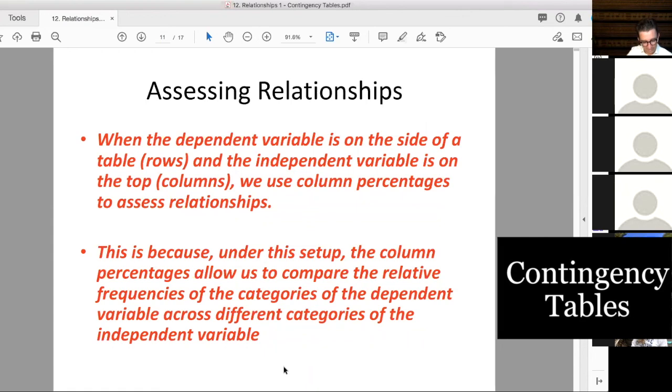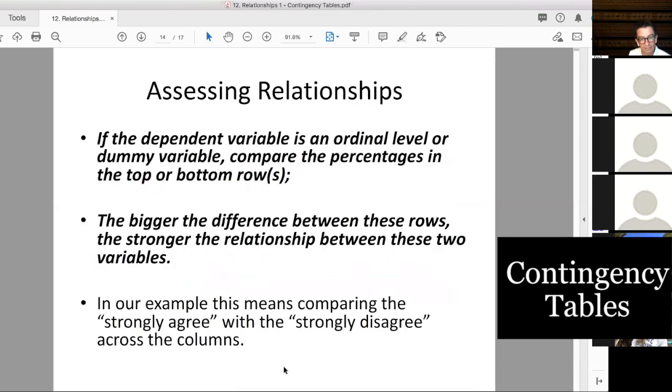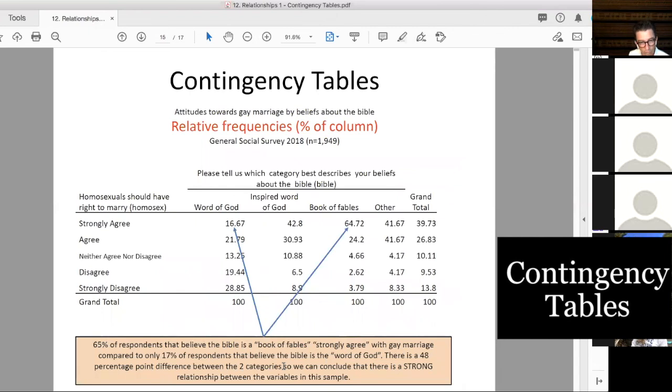If we have this setup, then we ask for column percentages and we compare these columns. If they are different, then we can say there is a relationship. If they are the same, then we can say there is no relationship.